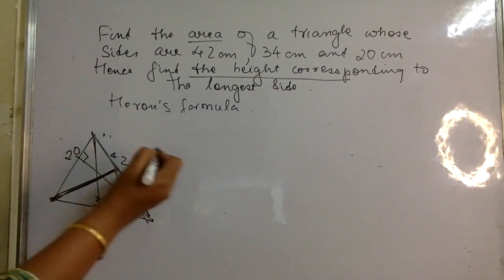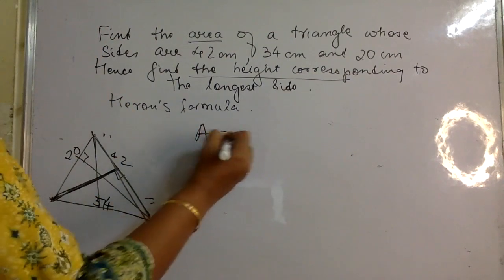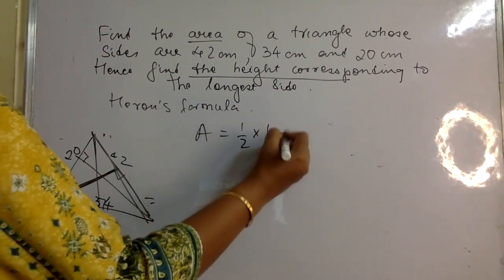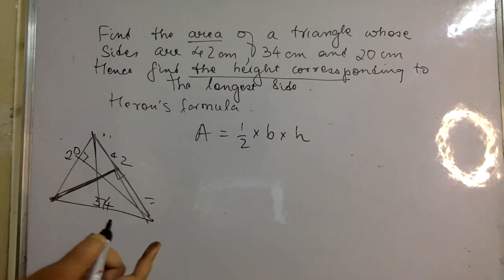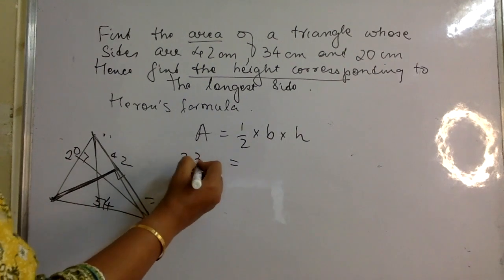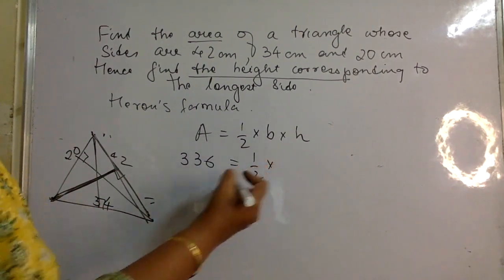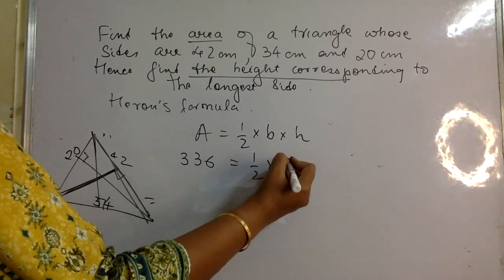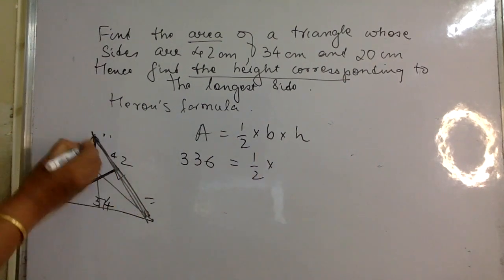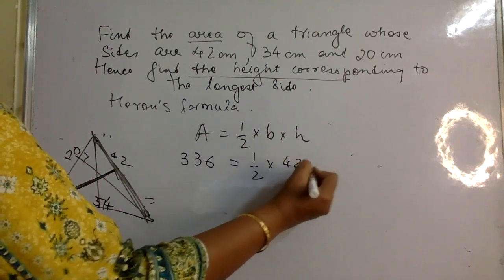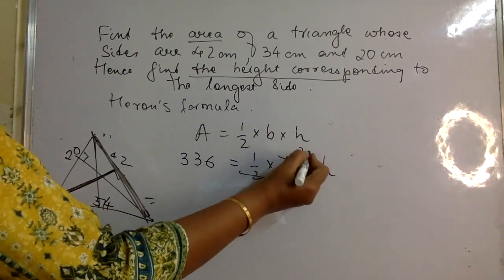Here I have, remember, area is equal to half into base into height also, right? It is half into base into height as well. So 336 is equal to half into base into height. Base is, right now for me, this 42, and height is, I don't know, 21.